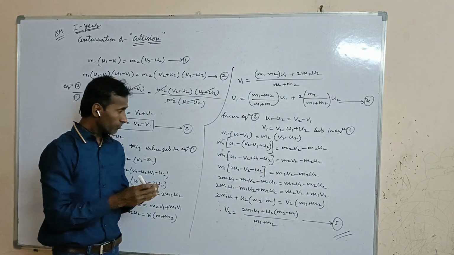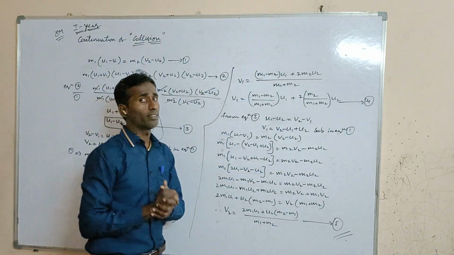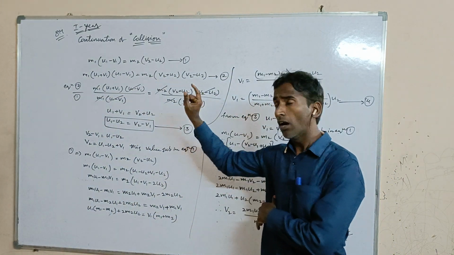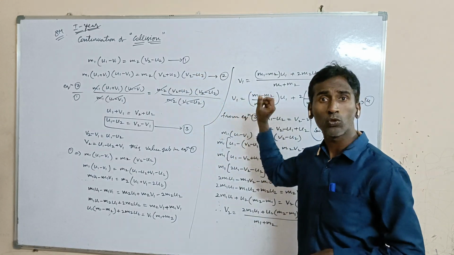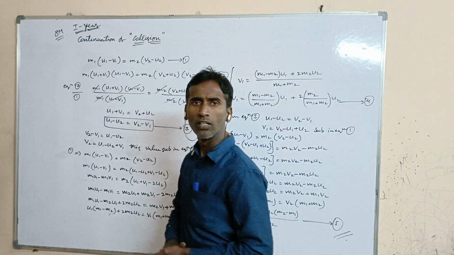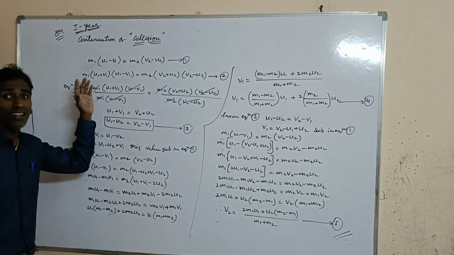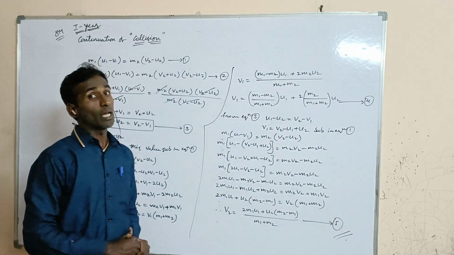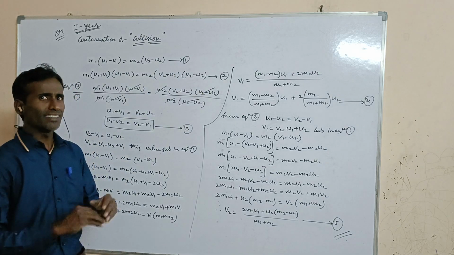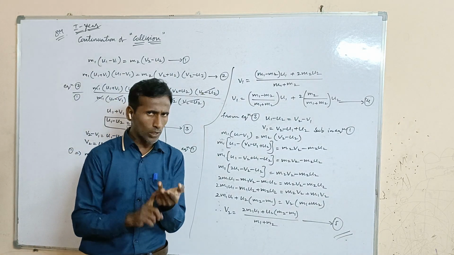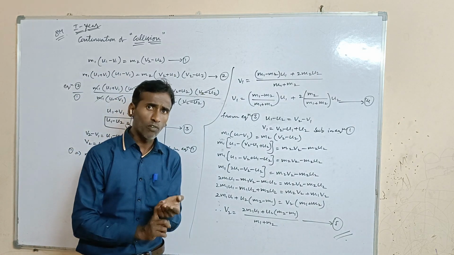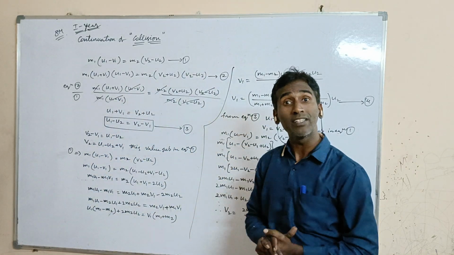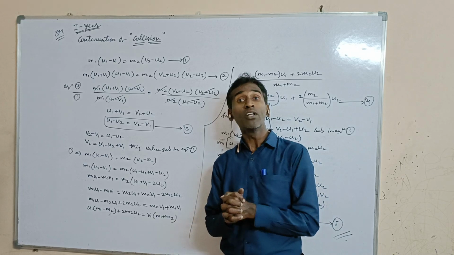Whenever the question is asked as a complete LAQ, then you have to write completely till the fifth equation. Suppose he is not asking that; he is asking simply what is collision, explain the types of collision, and that the relative velocity before collision equals the relative velocity after collision.